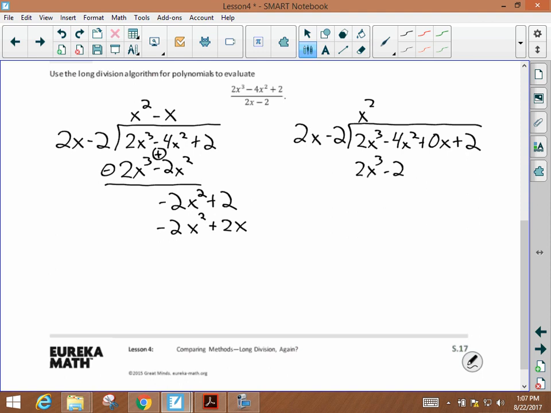So we're going to fill in these values. We're going to wind up with negative 2x squared. And now this works out, because when I drop this down, I'm going to drop down a 0x. And now it makes much more sense when I distribute this. I believe that was supposed to be a negative.